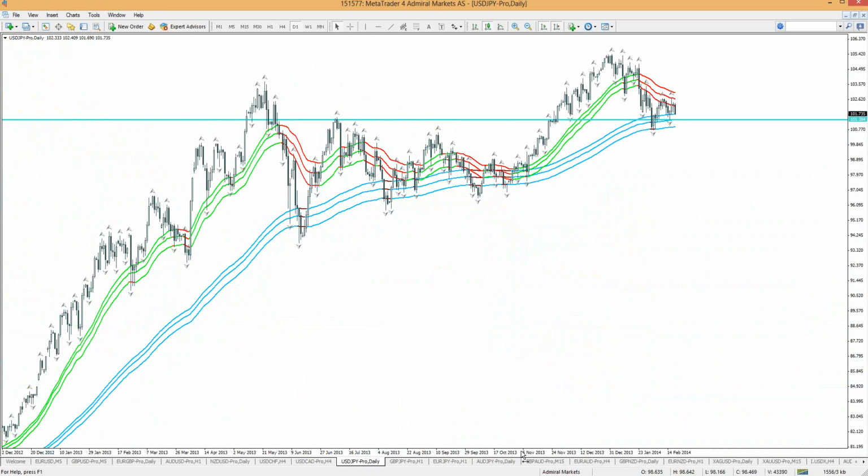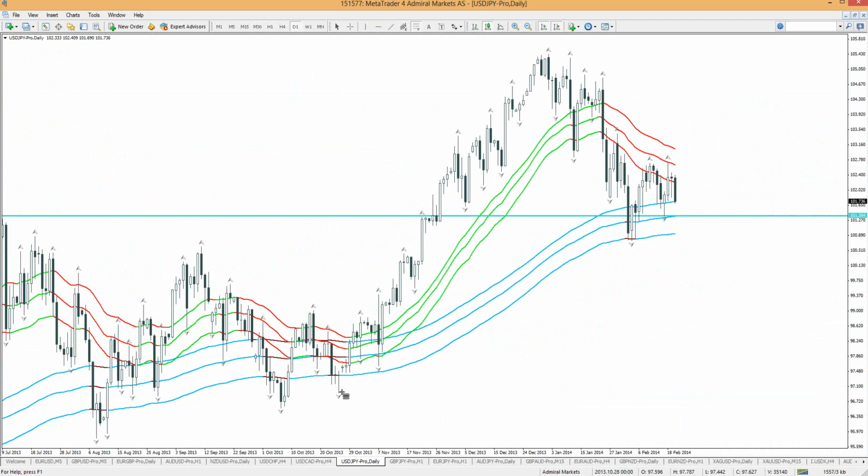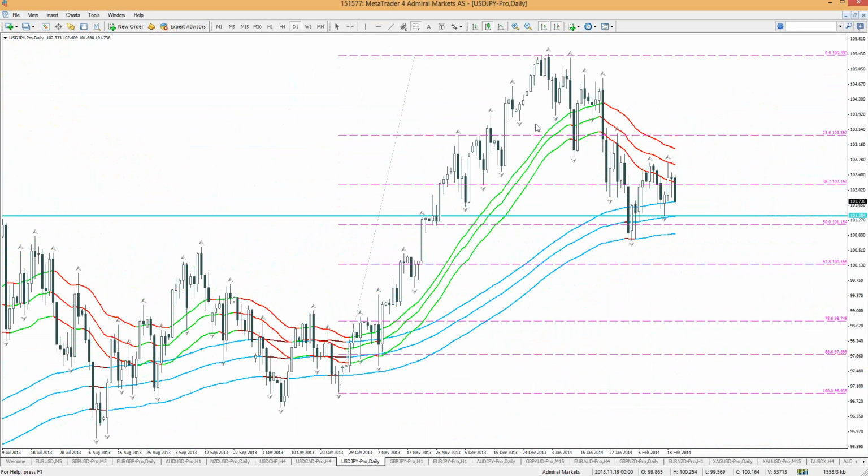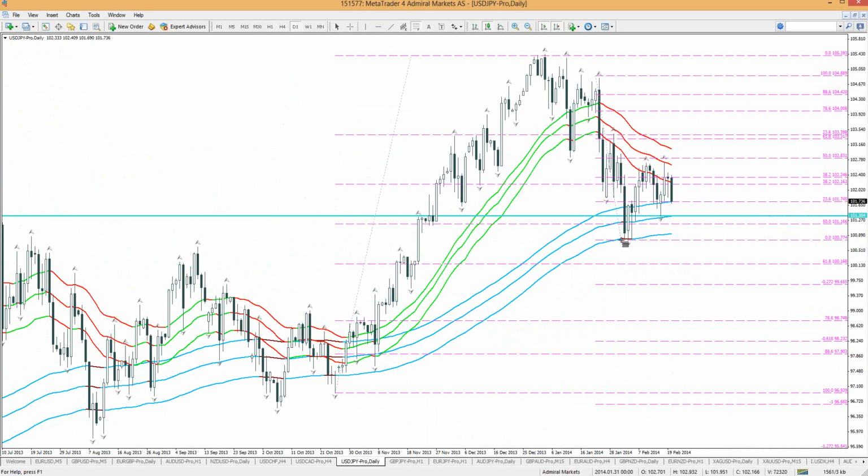Well, we're a bit stuck in two worlds. First of all, on the dollar yen daily, as you probably know, we're at a 50 fib. But we're also at the 50 fib if we put a fib to the downside here. So we're bouncing between two 50 fibs. So the question is, which 50 fib is going to win? Are we going to get the downside break here and maybe further?